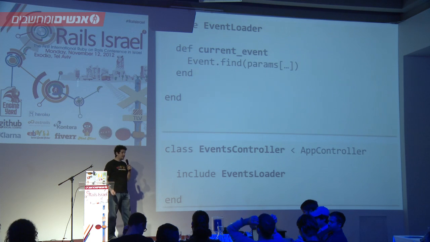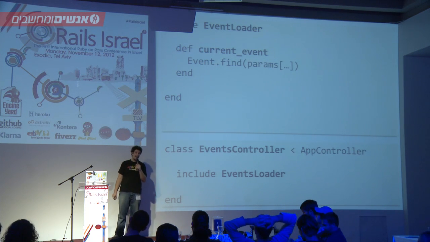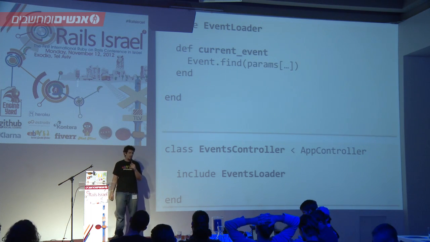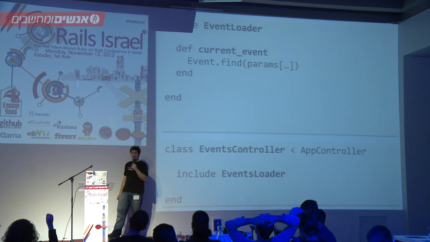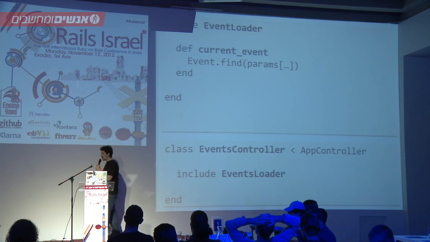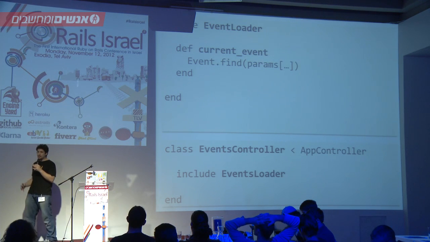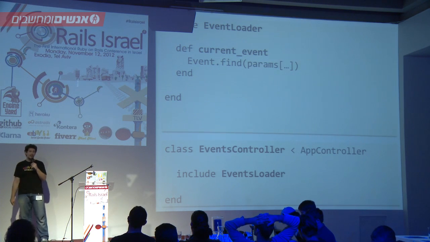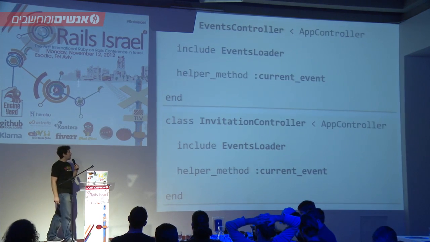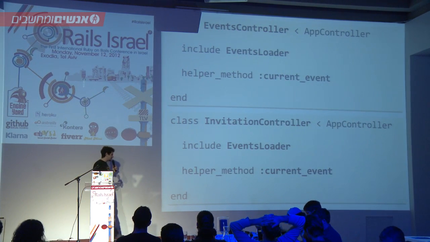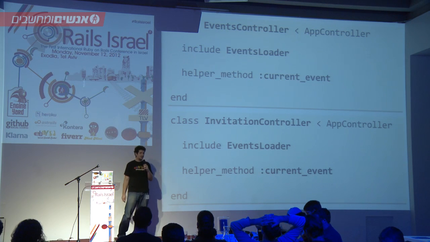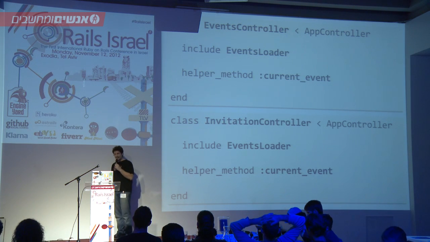We can also add it in other stuff. For example, we had a localization mixin that we needed for our controllers, and we also added it into our mailers because that let us have some shared code between our controllers and our mailers, which we needed. But it's not great because there are stuff that Ruby mixins don't do nicely.